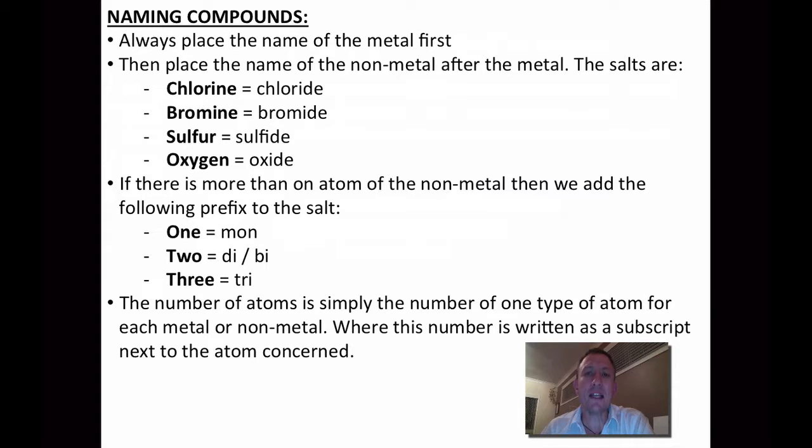Now if we're dealing with more than one salt, sometimes we have to put the number in the name. If you've got one atom, you put mon alongside it. If you've got two, then you get a di or a bi, or if you've got three, you put tri. An example of this is carbon monoxide, which has carbon joined to one oxygen.